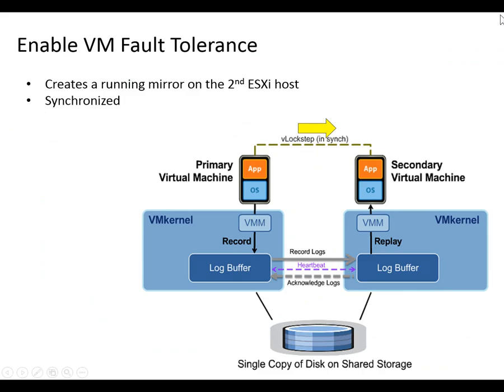That will create a running mirror of the virtual machine on another ESXi host, and those two remain synchronized. So if either one crashes, the other one is immediately there. And this concludes our section on VMware fault tolerance.